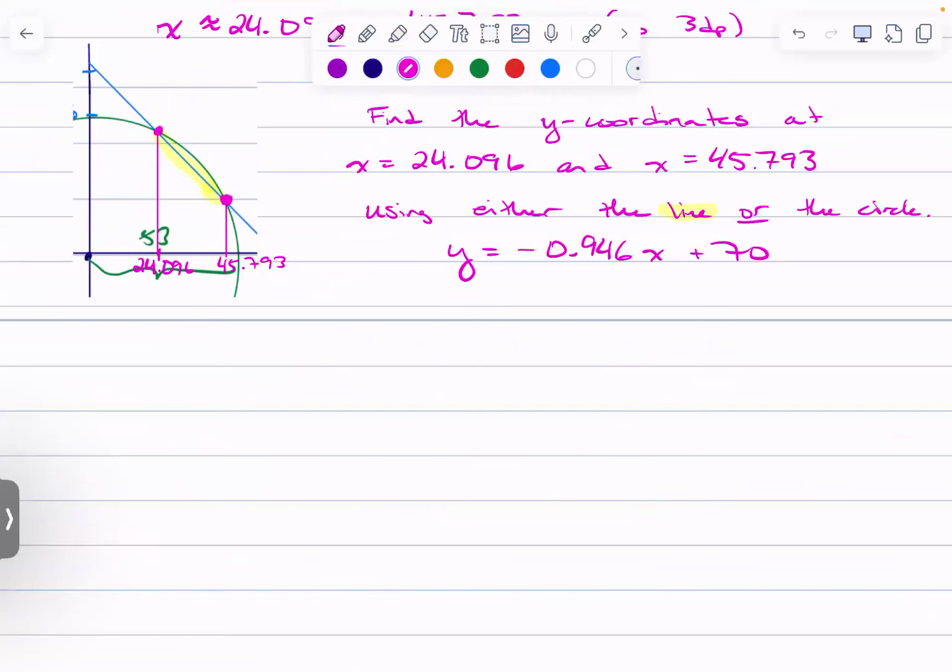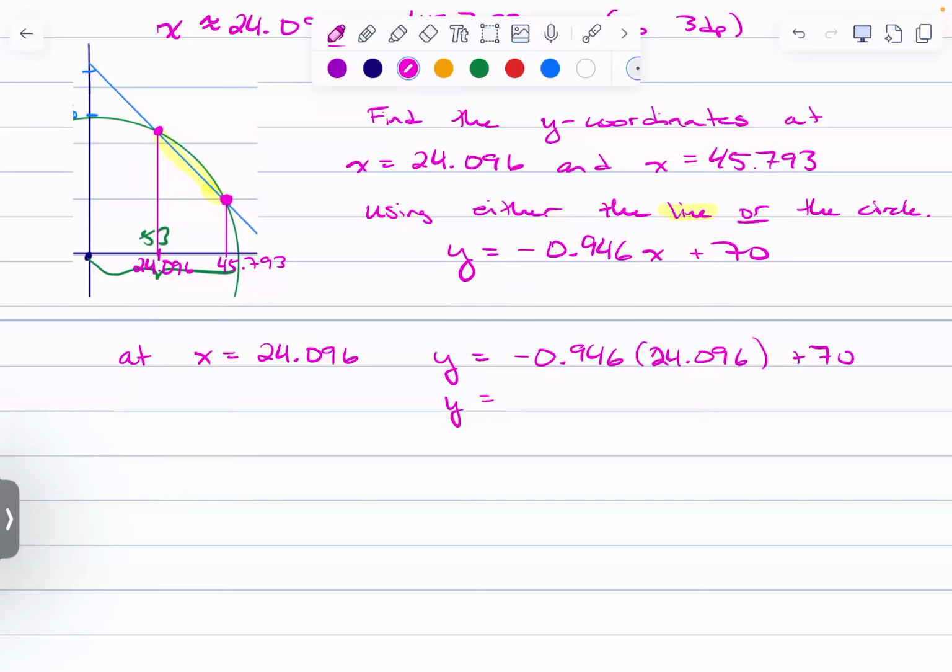So then at x equals 24.096, y is negative 0.946 times 24.096 plus 70.